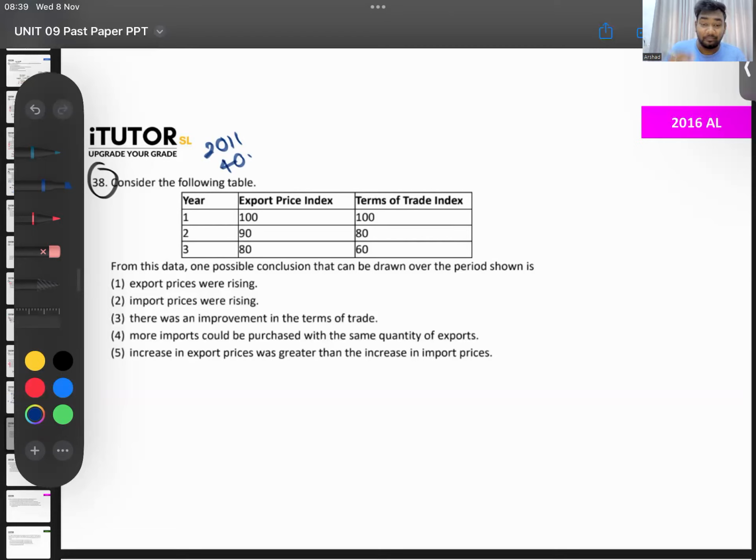So you all know, Lamai, remember your TOT is your export price index divided by your import price index into 100. Now we'll do this with common sense. Export price index is falling, 190, 80. TOT is falling even more.